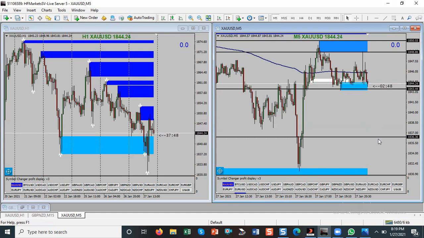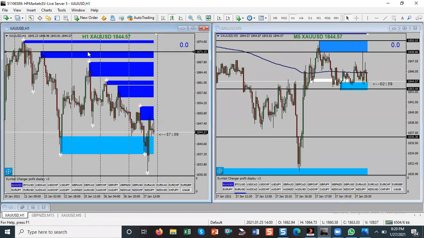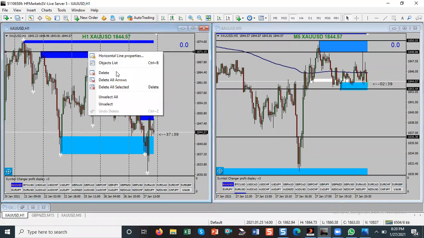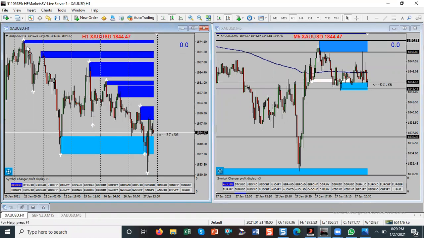Now, in a situation like this, there are times where market will not go and retest the supply zone in the 1 hour before moving down. Let's take, for example, this one. Look at this one that happened here.